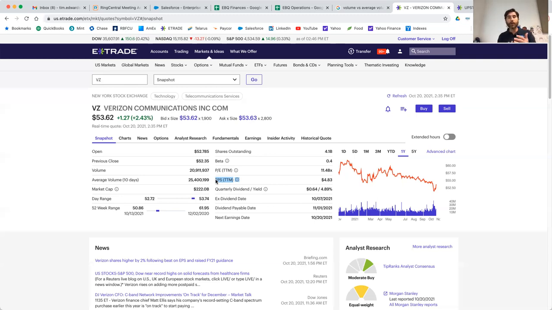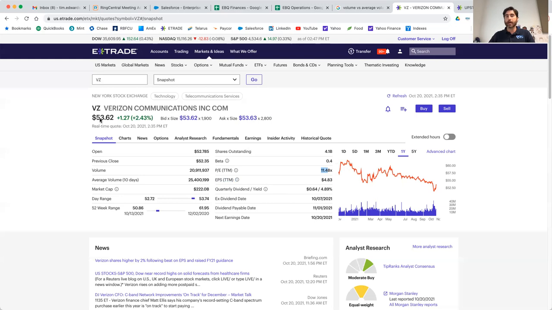However, the stock's not valued at $4.83 because people buy stocks based on forward projections, right? And so they put a multiple on it. They say, ooh, $4.83 of profits. Okay, I'll buy that from you at $53.62, which in essence means 11.48x.